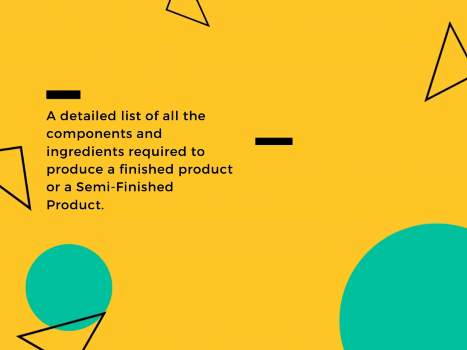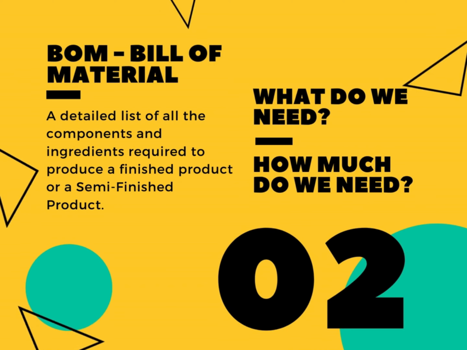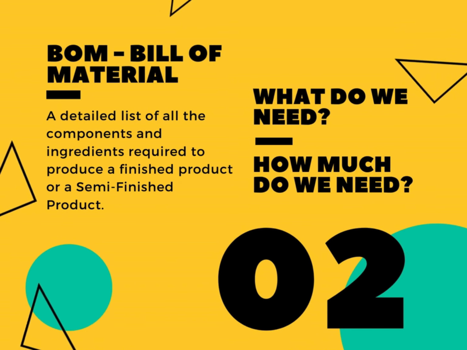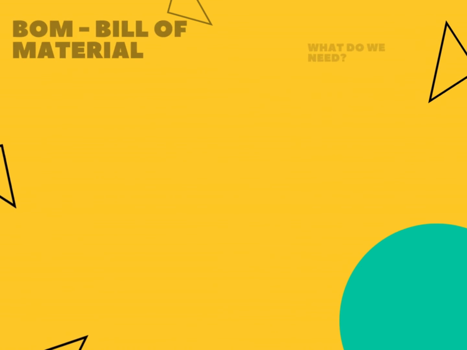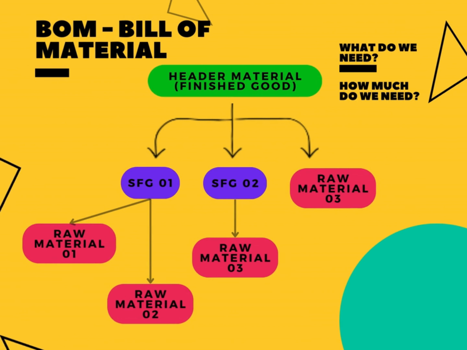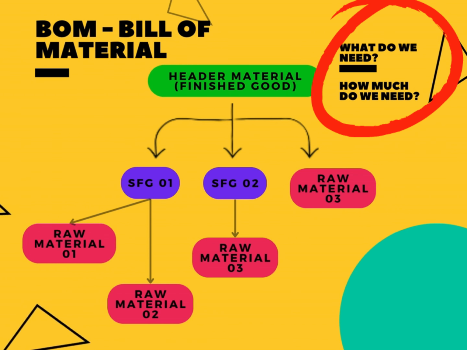The next is the bill of materials, which can be like a recipe card for manufacturing. It serves as a detailed list outlining the components required and their respective quantities to produce a particular product. Put simply, it describes what is used to make what and in what quantity.